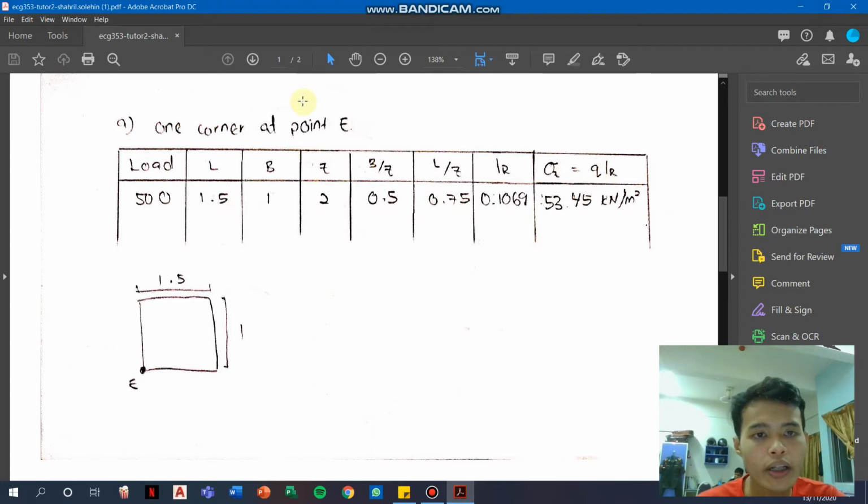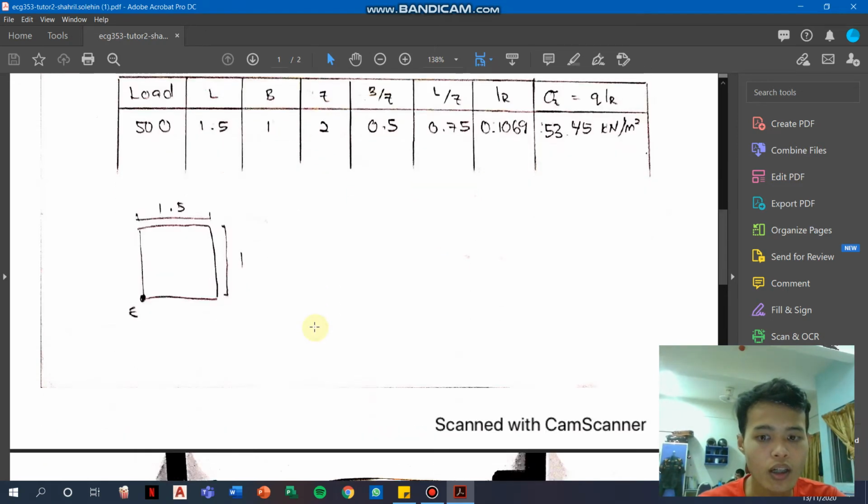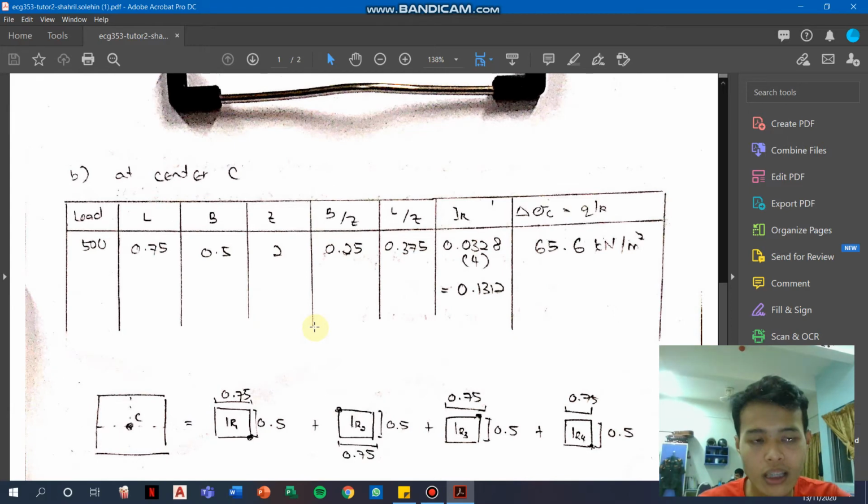Q is 500 kilonewton and IR is 0.1069, and we get 53.45 kilonewton per meter squared. Okay, that's for question A.